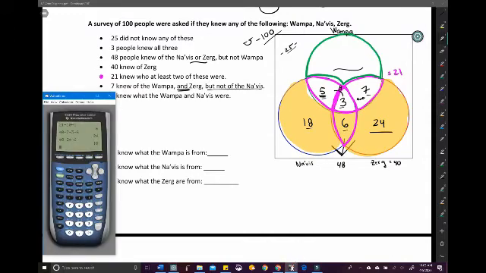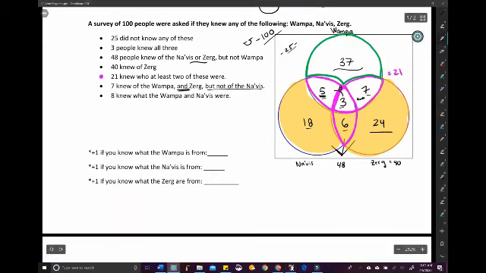So 100 minus 5 minus 3 minus 7 minus 18 minus 6 minus 24 is 37. Boom.